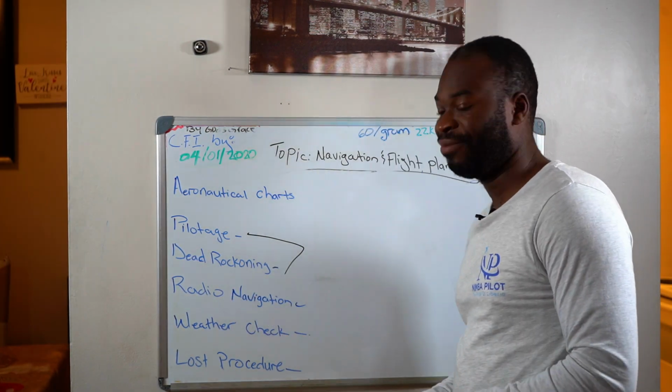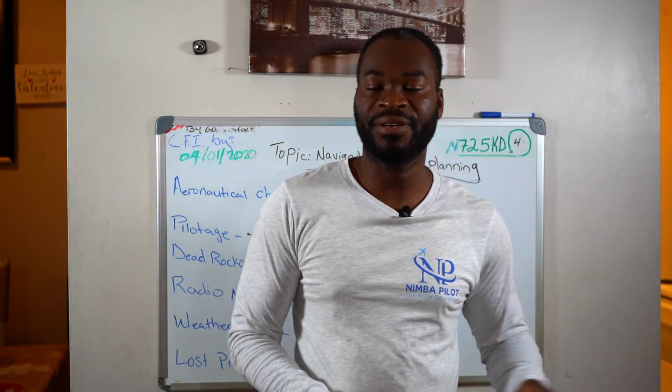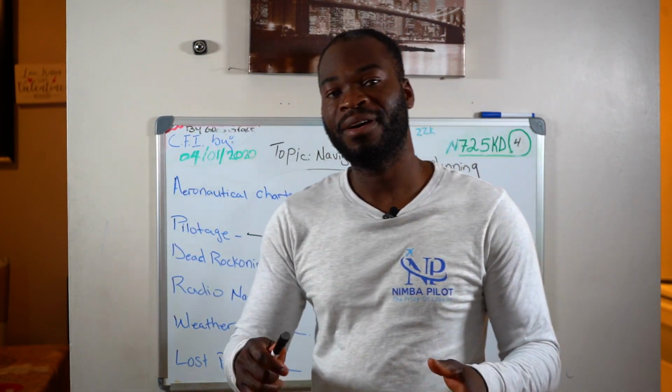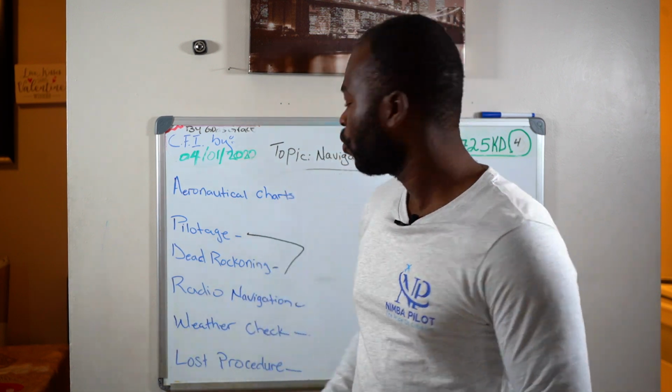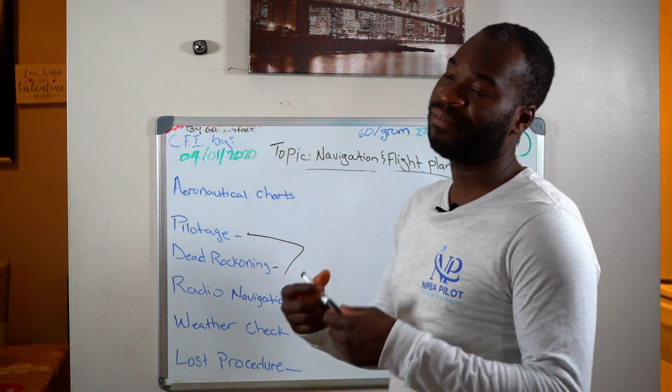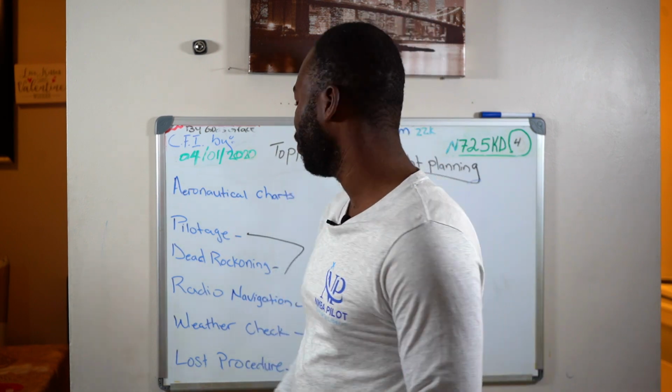Radio navigation. Aviation has come a long way. In the previous video I mentioned earlier, aviators navigated solely by magnetic compass because that's all the equipment they had in their aircraft. But now we have NDB, we have VOR, we have GPS. So we have two types of radio navigation: ground-based radio navigation and satellite-based radio navigation.